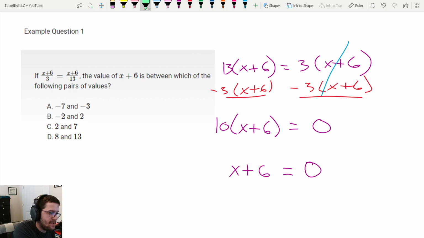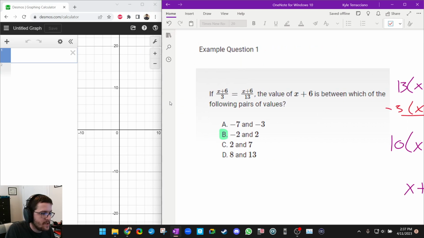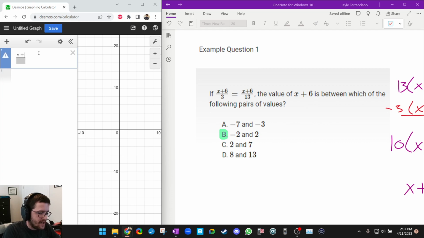So that is between negative 2 and 2. That one is correct. If you didn't know what to do, just like with any equation, you could type it into Desmos. I don't have any x's in the denominator, so I can do this the fast way.